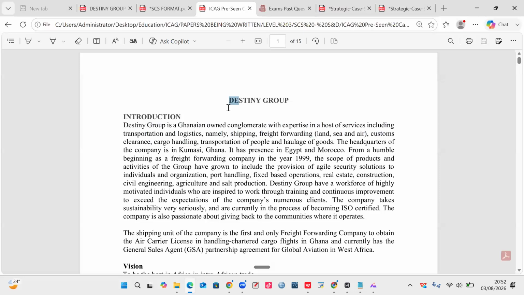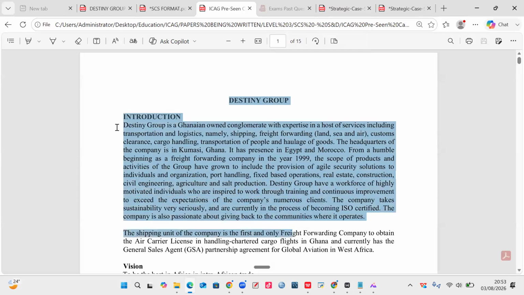I read this Destiny Group 15 page document. I read it 6 times. I can show it to you. I read it 6 times before. On the very day I was even going to write a paper, I read it at dawn, around between 4 to 5. I read it about 6 times. That was the last one. So when I entered the exams room or the exams hall, I already know a lot of this.